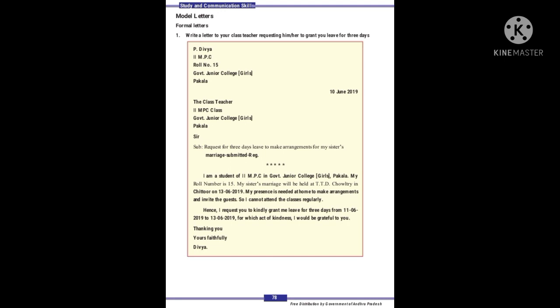And this is followed by the body, where you should provide more information about what you need and why. My sister's marriage will be held at TTD Choultry in Chittoor on 13th June 2019. My presence is needed at home to make arrangements and invite guests, so I cannot attend the classes regularly.